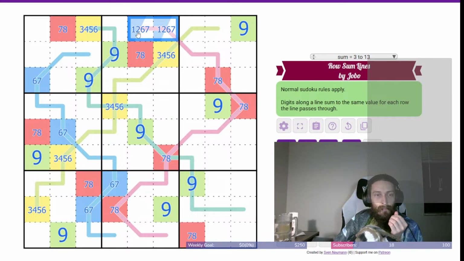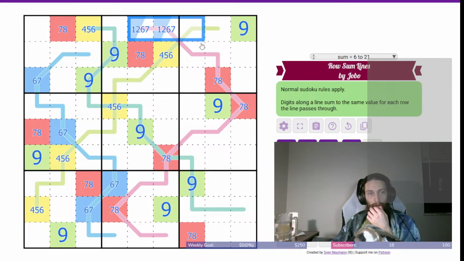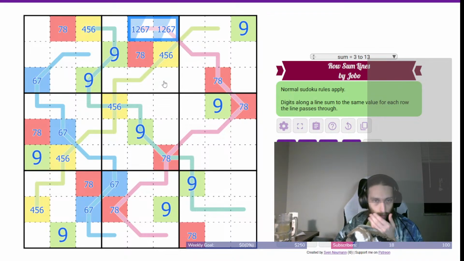Okay. Red is either 1 larger or 2 larger than blue, which means that yellow cannot be a 3, which would be a 1-2 pair, making that not possible.